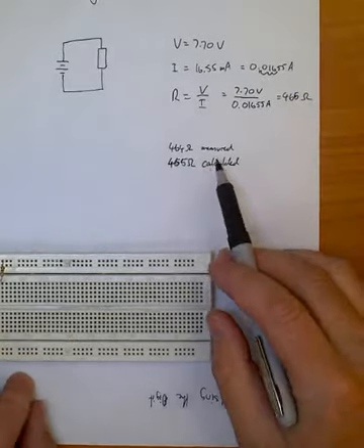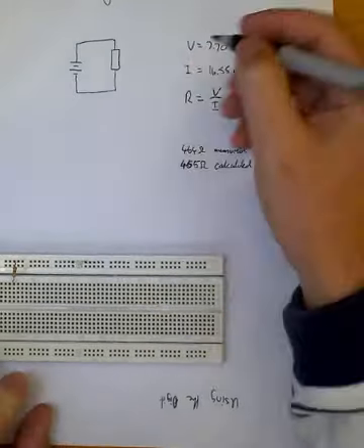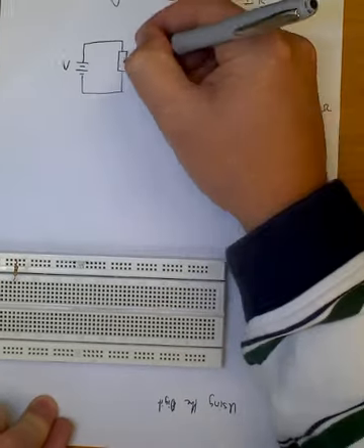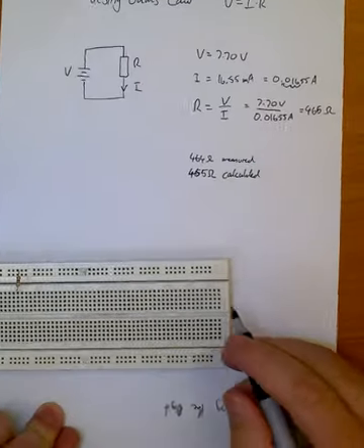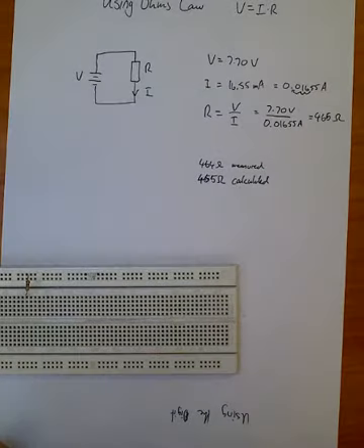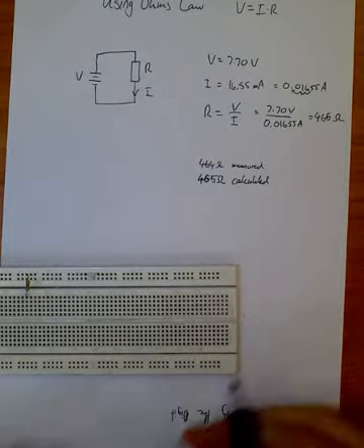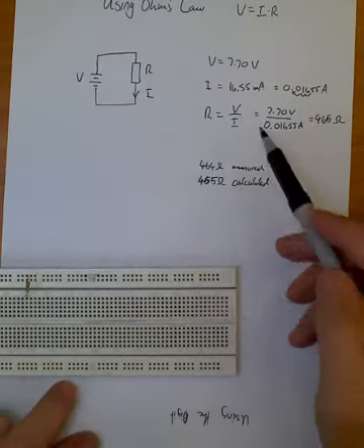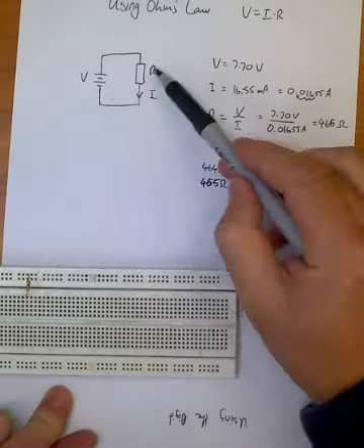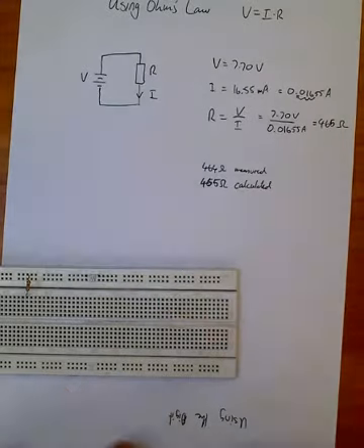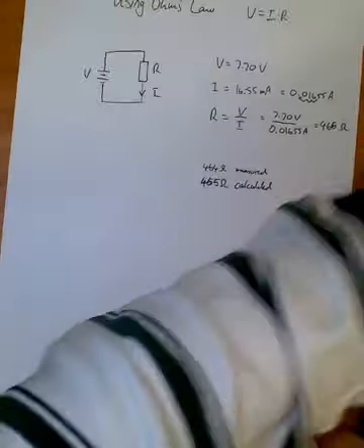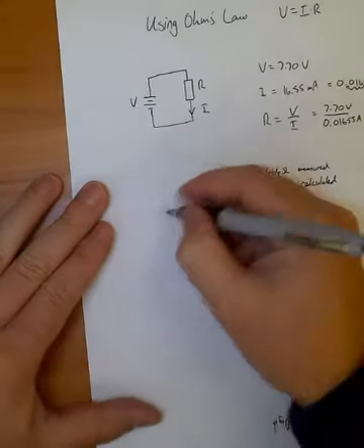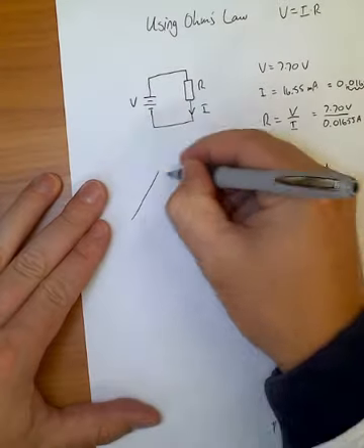So if I know the voltage and the resistance, I can calculate the current. Really, if I know any two of these three things, I can calculate the third. So a good way that I've seen this is the triangle to help you transpose.